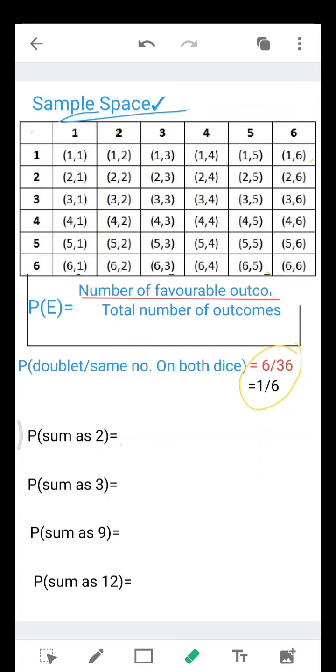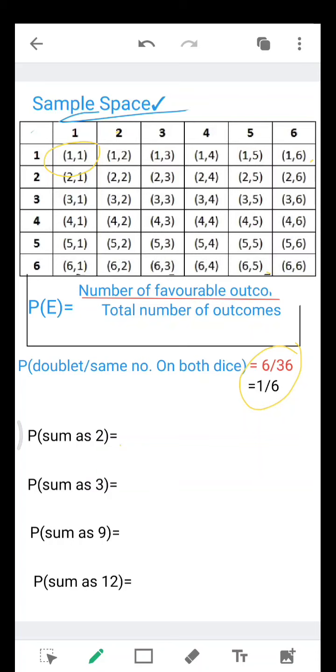This is the way the questions can be asked. Next question is the sum. What is the probability of getting the sum as 2? So you can see here this outcome 1 comma 1.